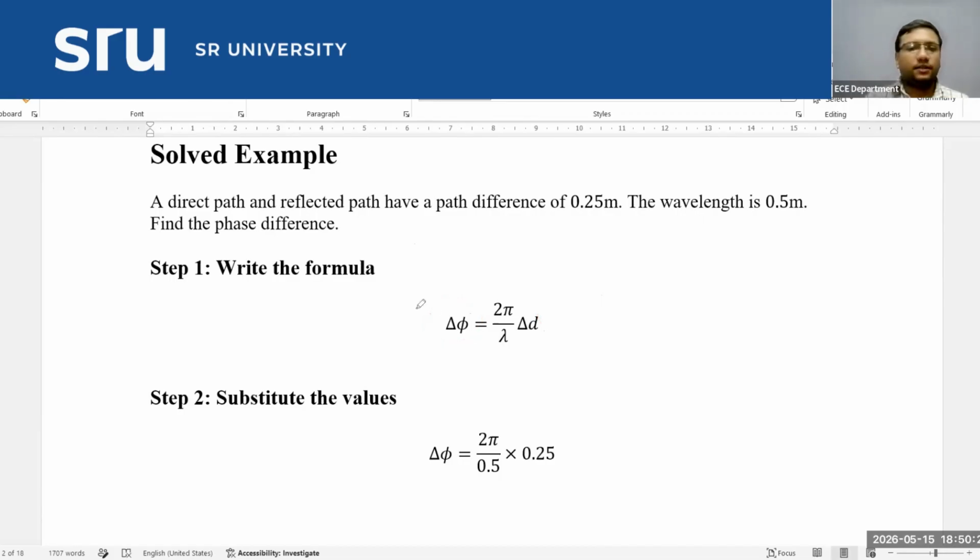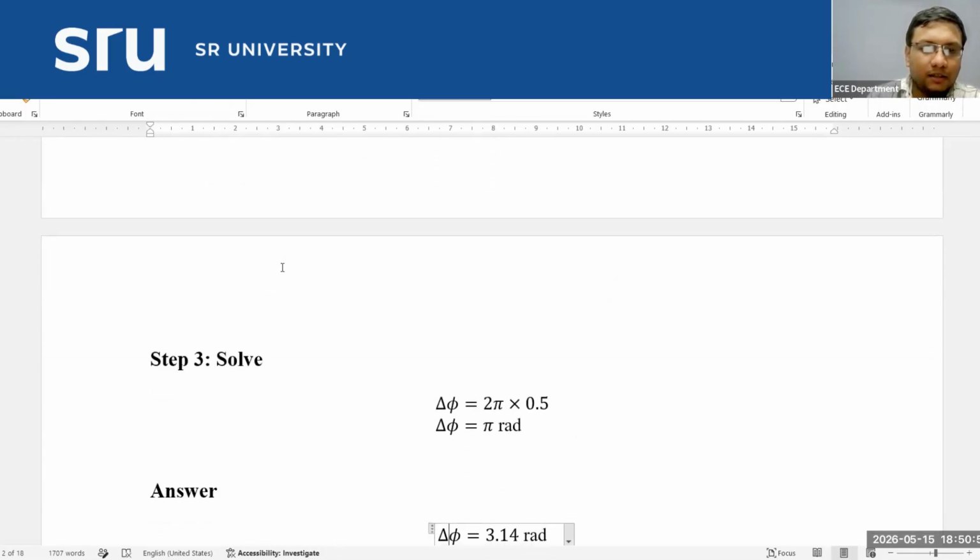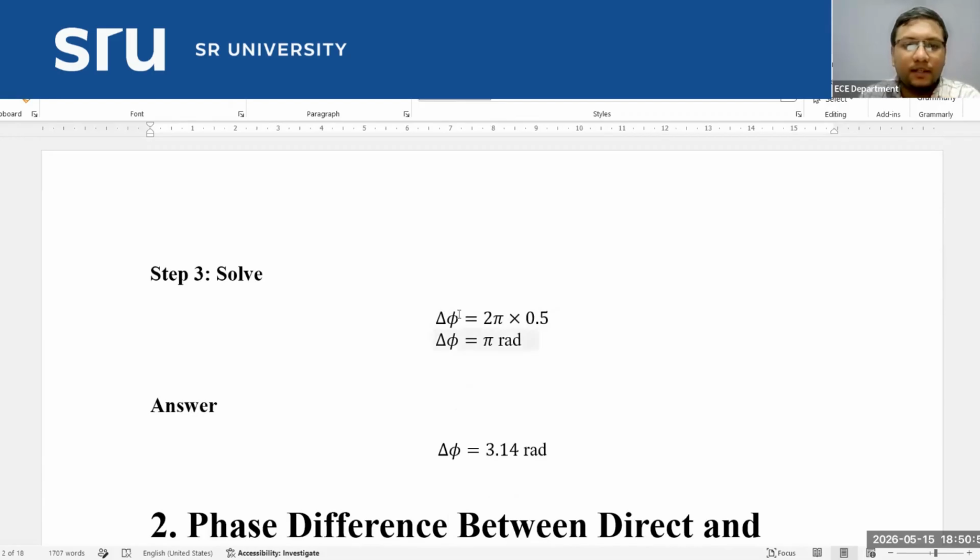So we know that the phase difference is equal to 2 pi by lambda into path difference. If I substitute the values, then del phi will be equal to 2 pi divided by 0.5 into 0.25. Both units are in meters. So the answer will be del phi equal to 2 pi into 0.5, and the unit will be radian, because we have computed only with pi.